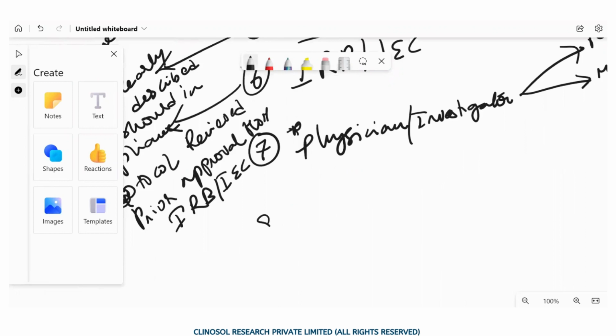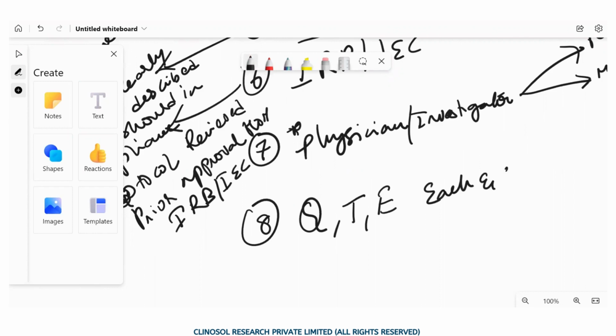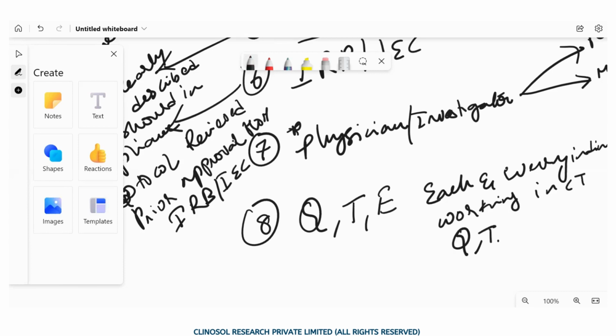Now coming back to the 8th principle. So here: qualification, training and experience. These 3 words you need to remember in 2.8. In other words, each and every individual who is participating in or working in clinical trials should be appropriately qualified, trained and experienced to perform his or her activities.